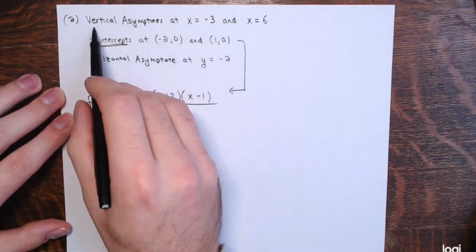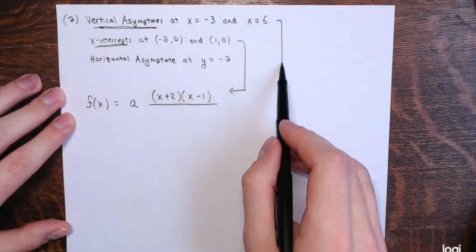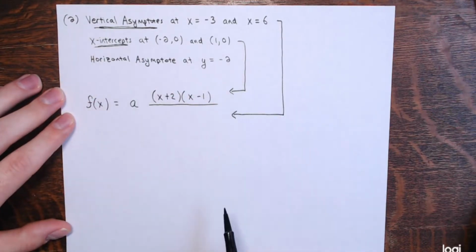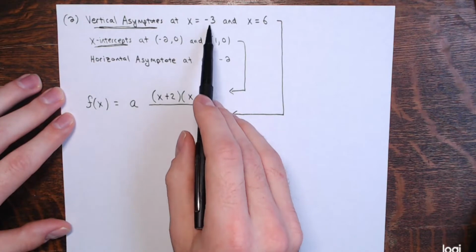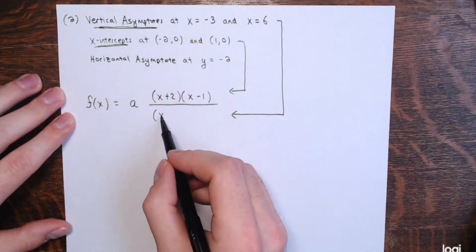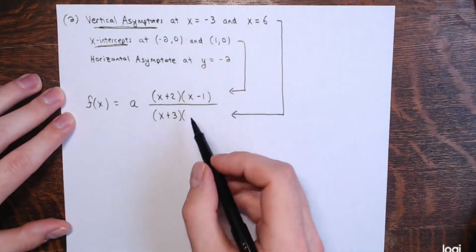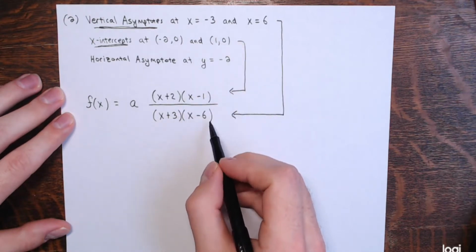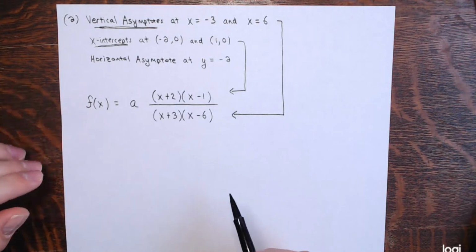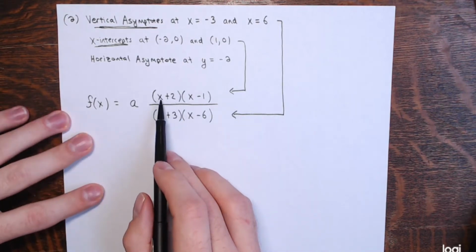The vertical asymptotes will determine the denominator factors. X equals -3, so x plus 3 is a denominator factor. X equals 6, so x minus 6 is a denominator factor. Now, here's something nice. This is a degree 2.